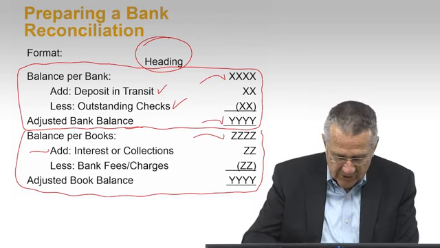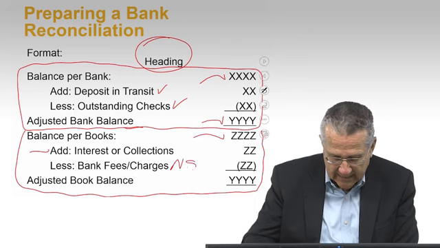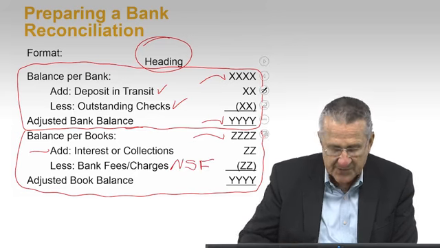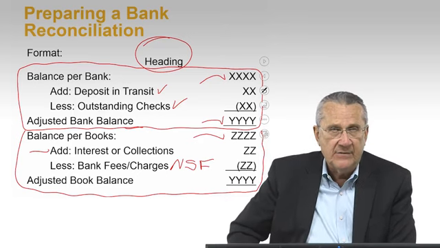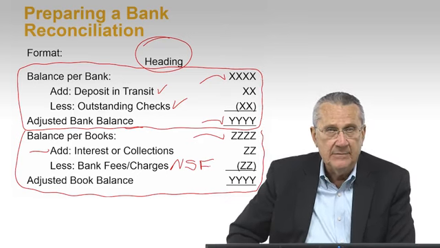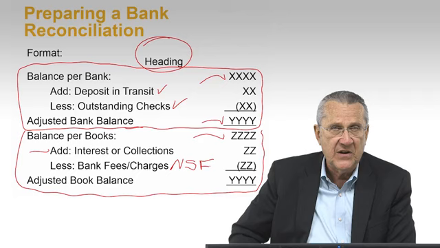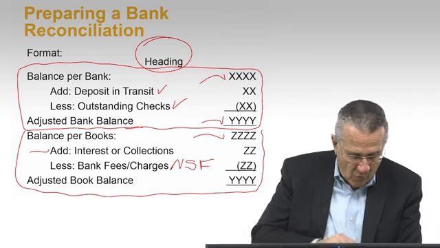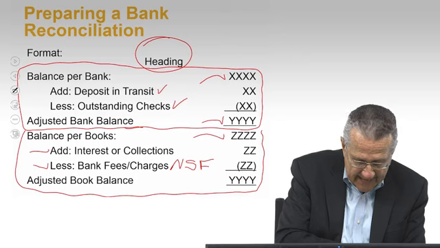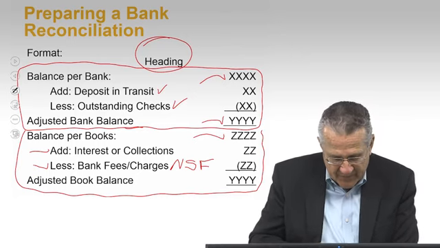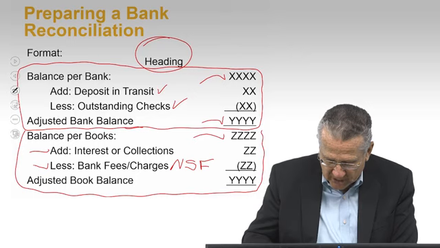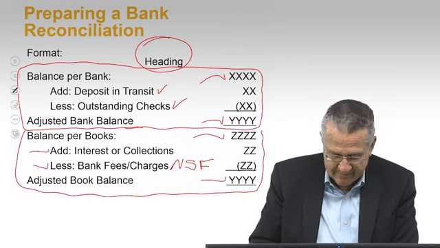We will also subtract ugly NSF checks, checks that have bounced, that the bank knew about and we didn't know about yet because we've not received a notification. And so we'll subtract these items, and the result should be an adjusted book balance.